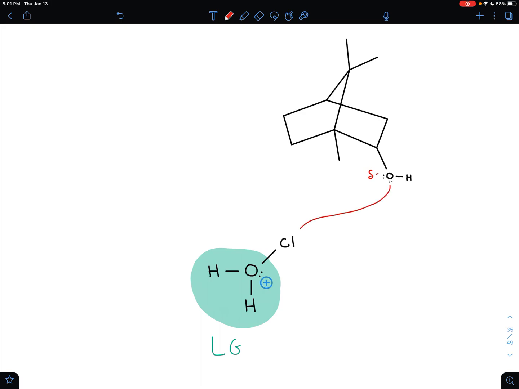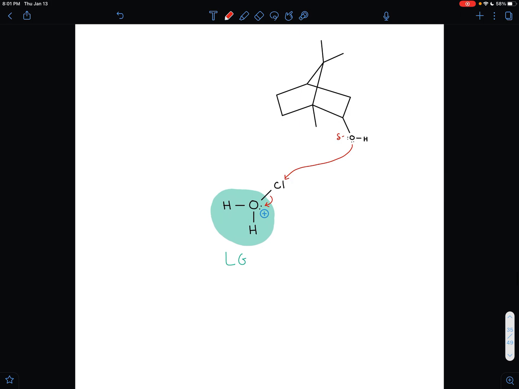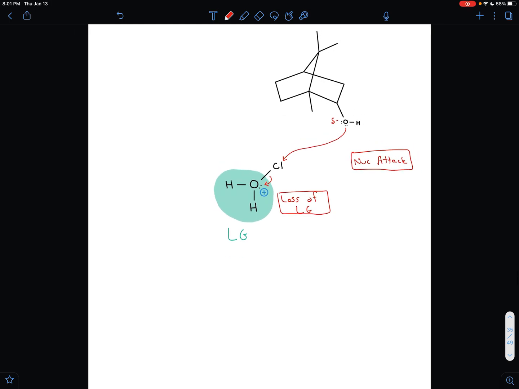So this oxygen can attack the chlorine, kick the leaving group off. So we have nucleophilic attack, loss of a leaving group. Those are the signatures of a substitution reaction. You're adding one thing, subtracting another, that replaces or substitutes one thing for another.